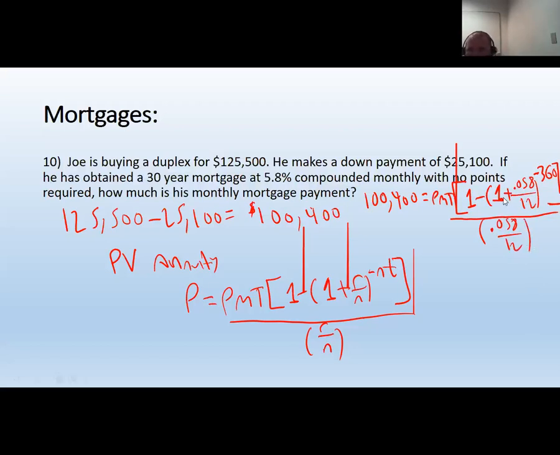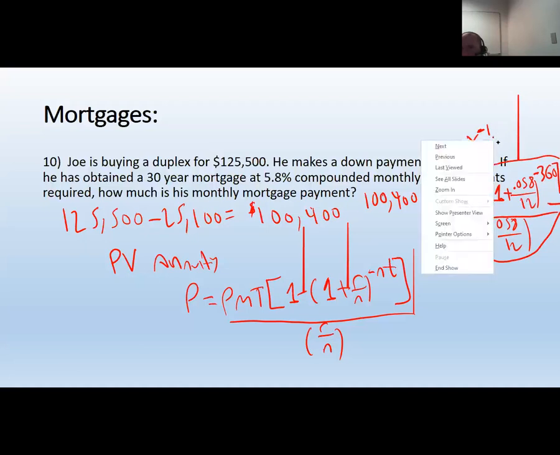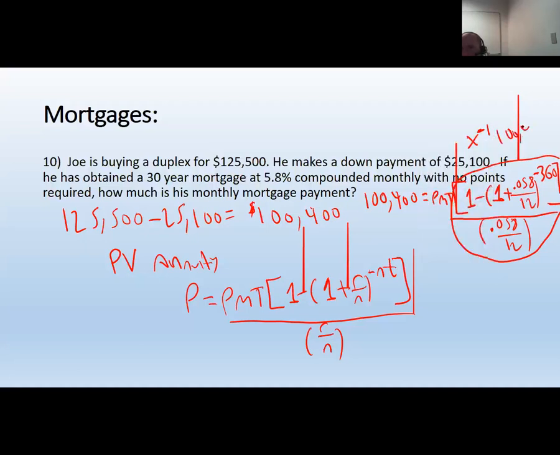So now, like I emphasized on previous problems, we want to put this whole side into the calculator and then take the reciprocal button, x to the negative first power, and then multiply that by $100,400. We start out by putting the whole right side into the calculator.